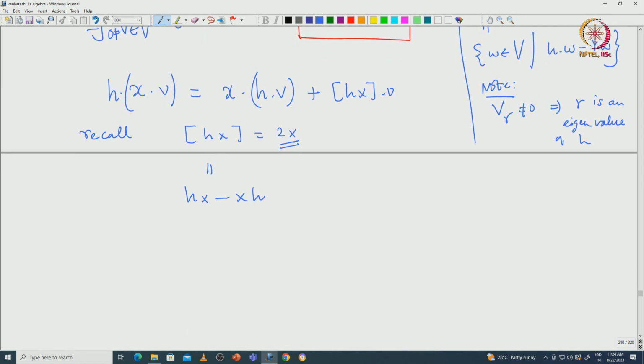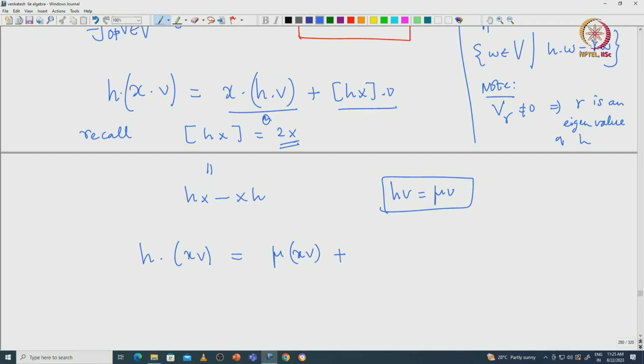So, if you apply h on x v, because h v is already mu v, the first term becomes mu times x v, plus the second term, which is 2 x v. So, h acting on x v is nothing but (mu plus 2) x v.